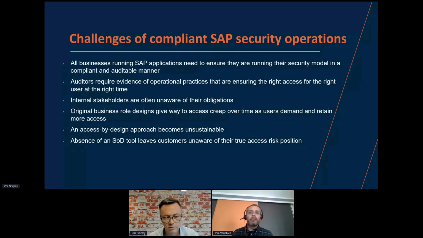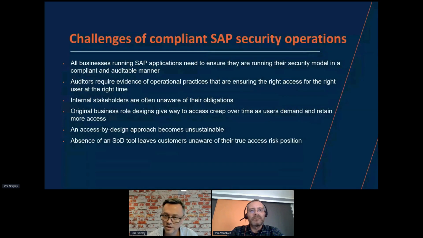Yeah, and I think that's all that foundation is laid in the security framework that we're talking about here, right? And just the last point there, absence of an SOD tool leaves customers unaware of their true risk position. So often when we do reviews and we say, okay, a lot of this framework is not in place, sometimes the response is, we trust our people.